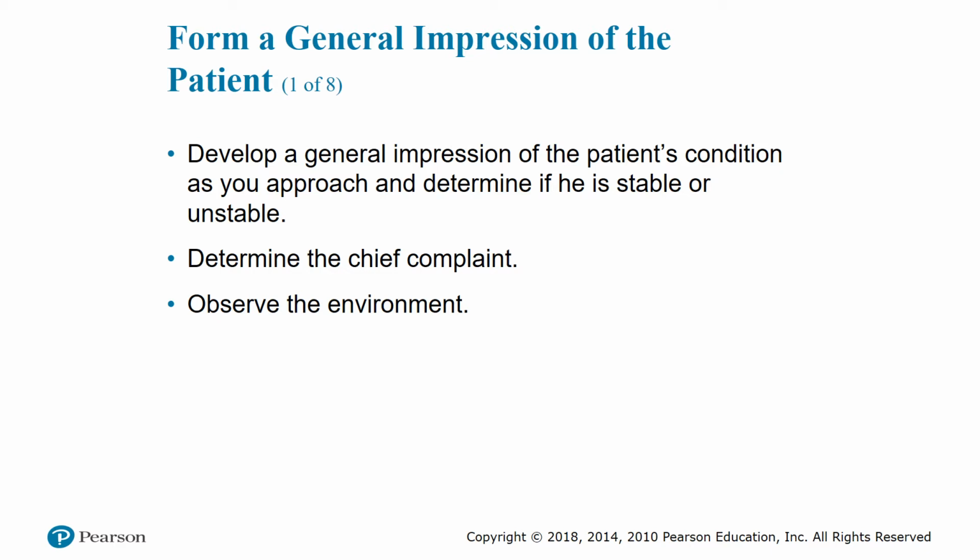You want to develop a general impression of the patient's condition as you approach and determine if he or she is stable or unstable. Sometimes you can tell by looking. Sometimes you know a patient is not stable before you ever place a hand on them, just by the way they're laying, their general look, their general demeanor, how they're interacting with their environment.